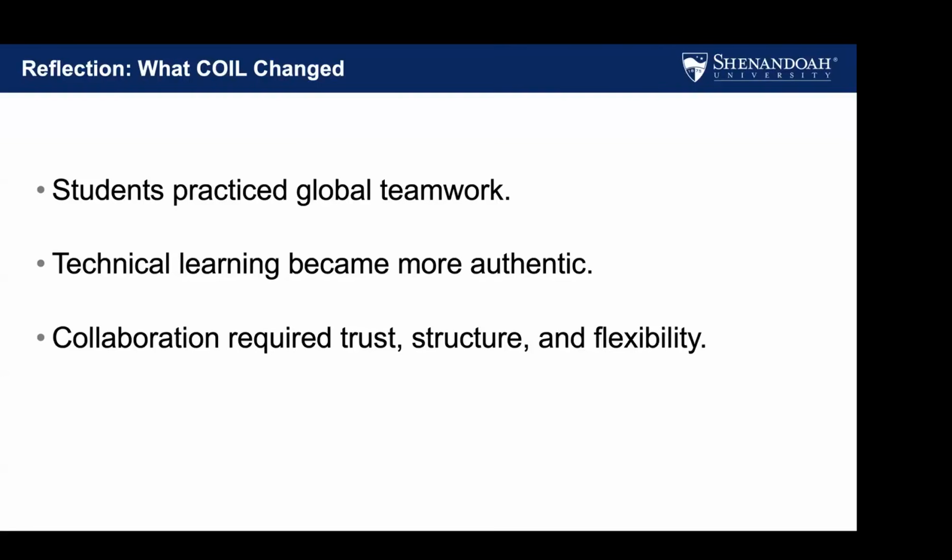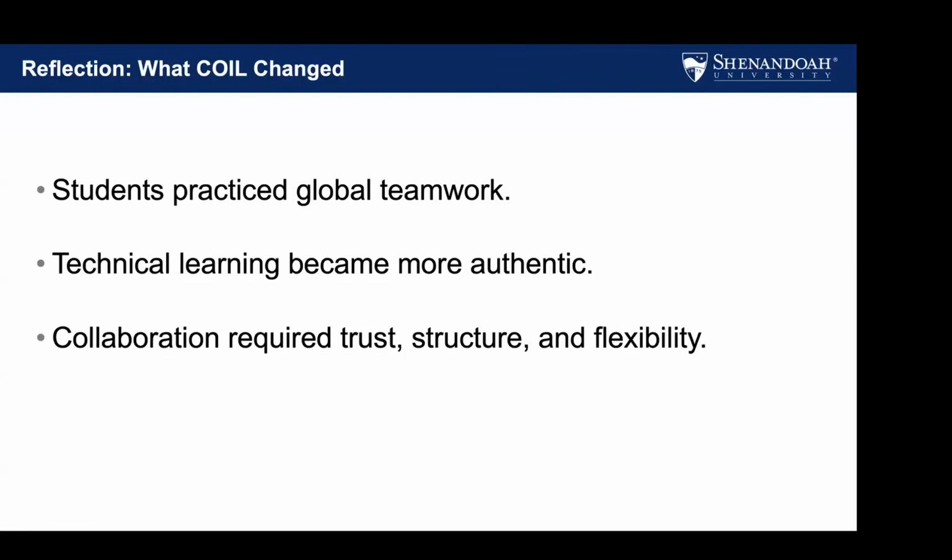Second, technical learning became more authentic. Students applied technical knowledge to a real project instead of only learning concepts in isolation. This made the students' learning in cybersecurity, AI, and protocol security more practical, meaningful, and connected to real-world problem solving.